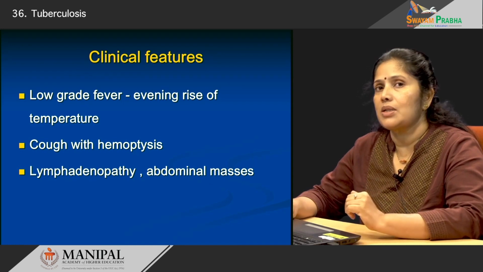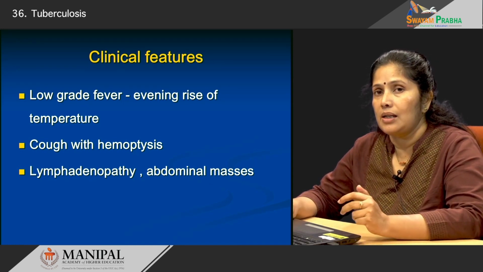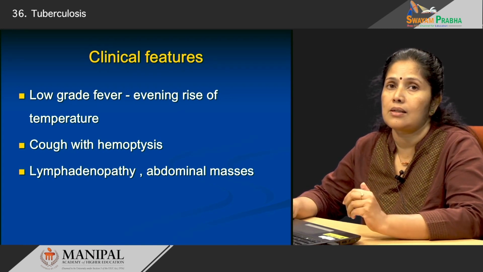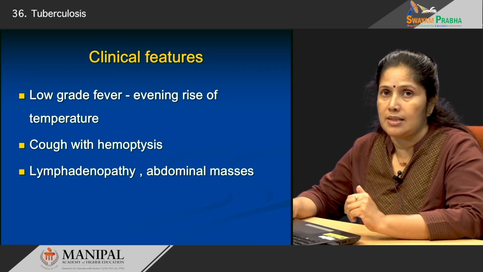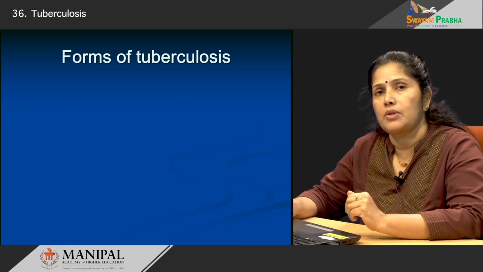Now, rarely some of these patients can also have abdominal masses, and that is mainly because of intestinal tuberculosis, though the incidence of this kind of tuberculosis has become very low in the present days. Now, let us look at the different forms of this disease.